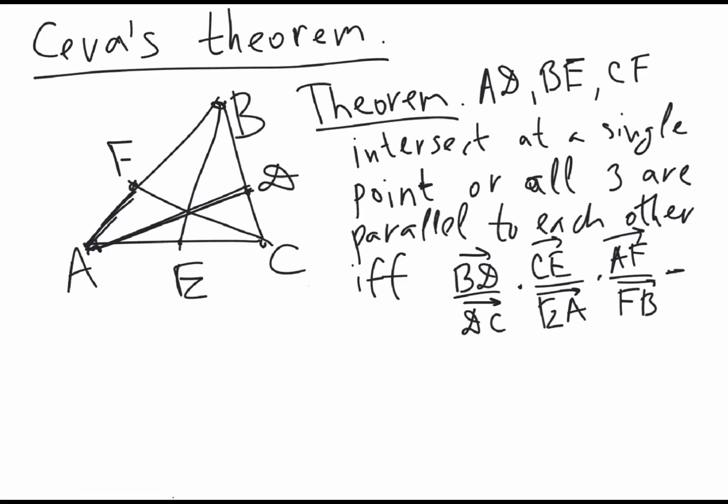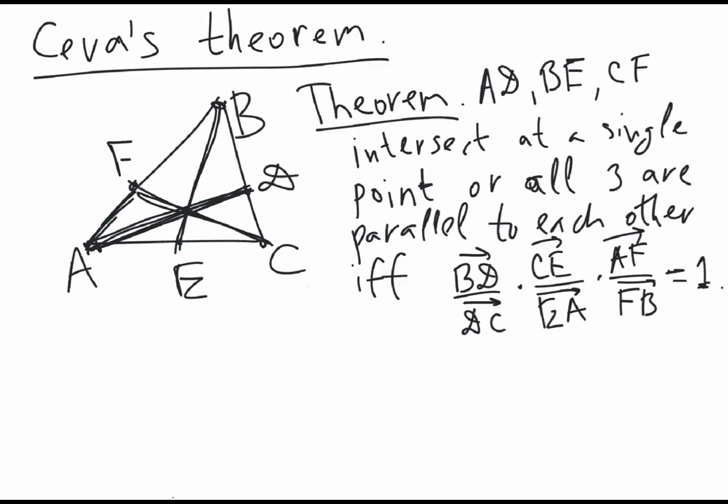If this product is equal to 1, so this product of ratios is equal to 1, if and only if these three lines AD, BE and CF either intersect at a single point or all three of them are parallel to each other.